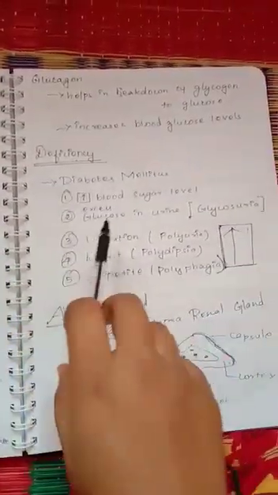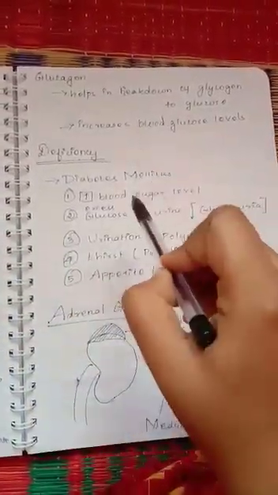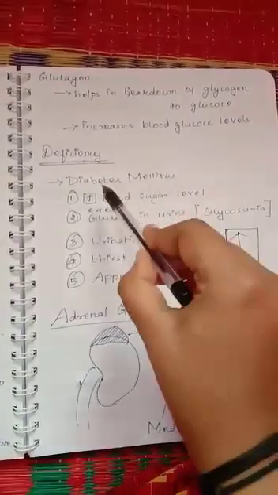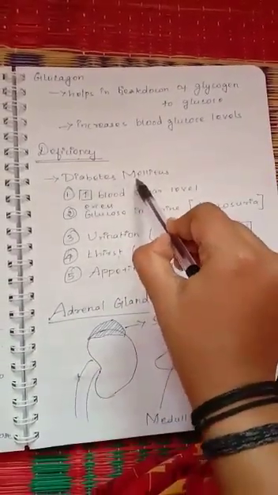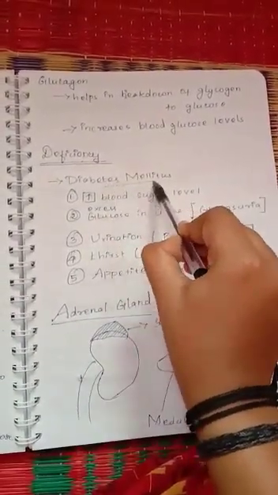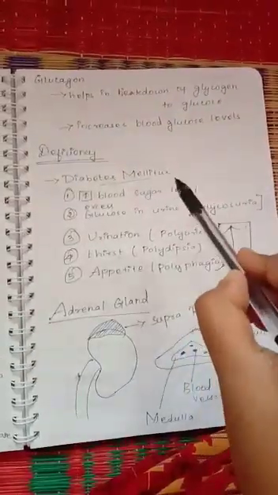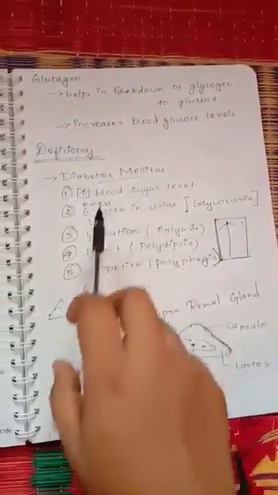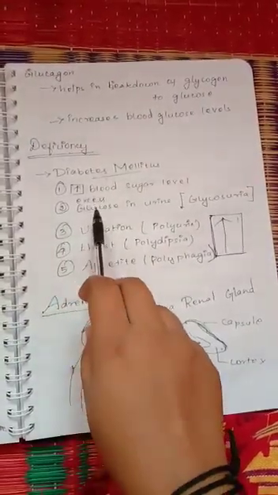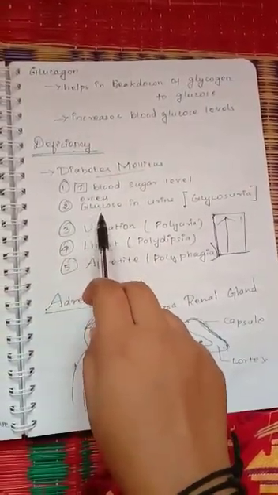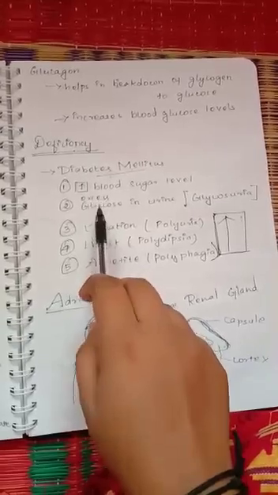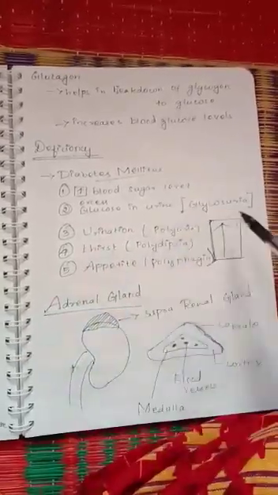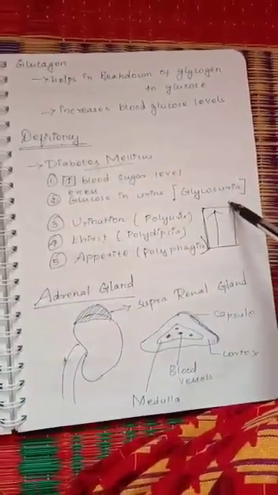Insulin and glucagon depletion leads to diabetes mellitus. Diabetes mellitus, simply we call it as sugar. It increases the blood sugar level and it also leads to excess formation of glucose and excess loss of glucose in urine, that we call glucosuria.